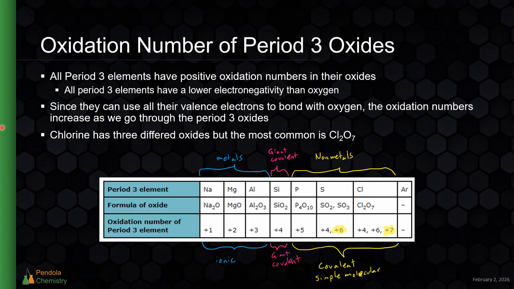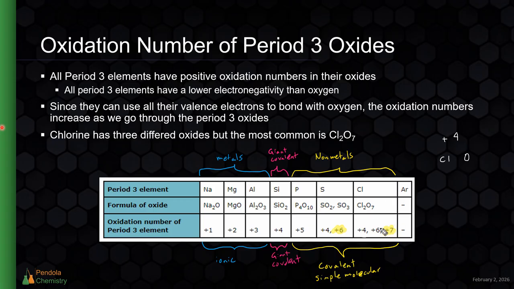Now, if you really want a challenge, take a second and try to figure out what those oxides of chlorine would be. Pause the video, try to figure out what the +4 and +6 oxides of chlorine are. Now, the fact that we have the oxidation numbers should tell you everything, because for +4 chlorine and oxygen, you are pairing up chlorine with oxygen.